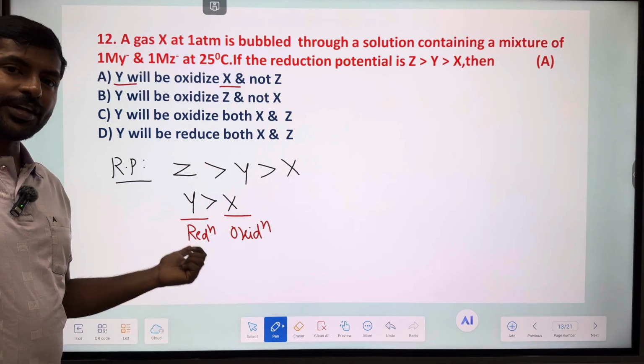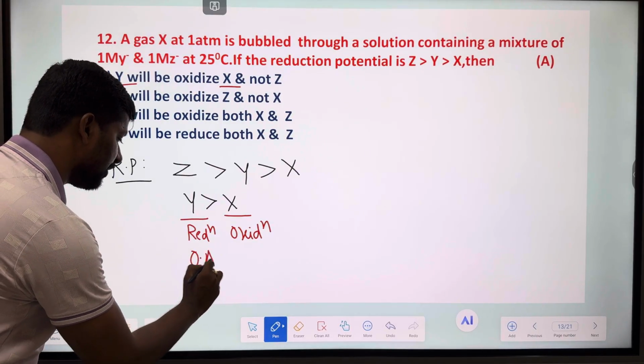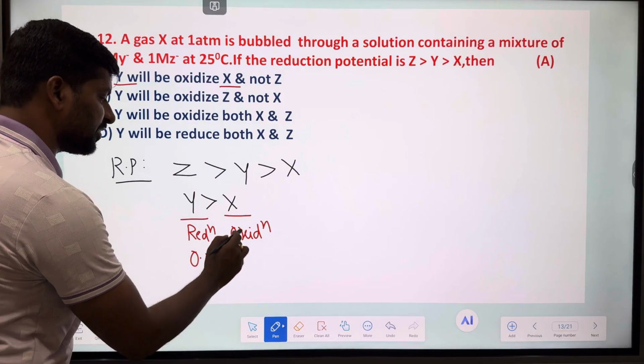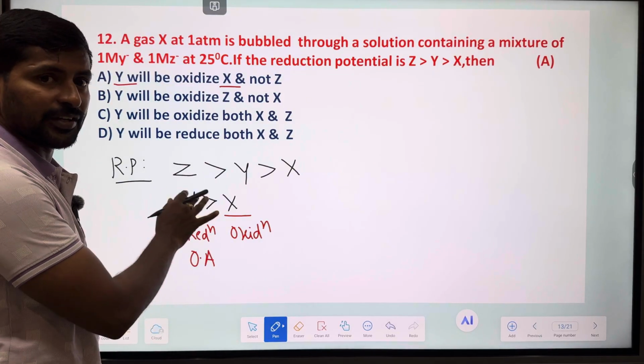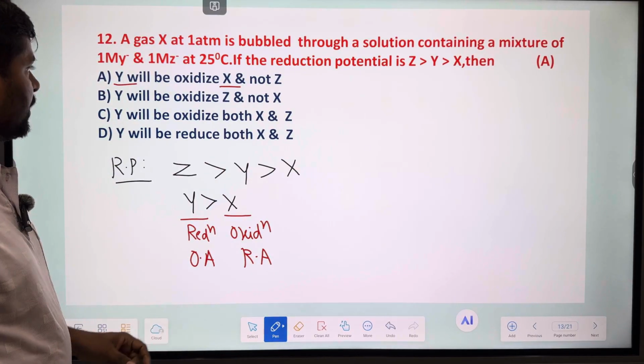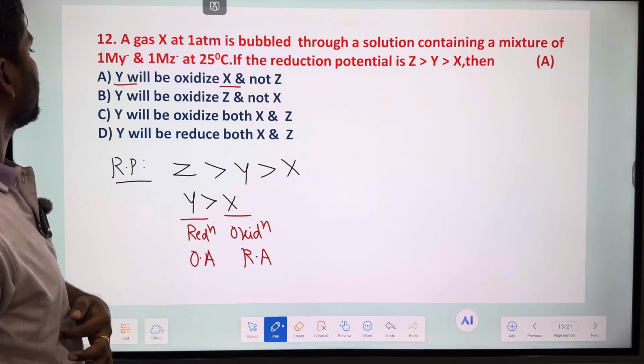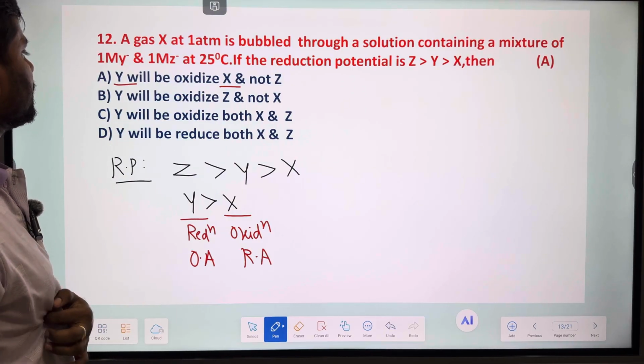Y undergoes reduction, so it acts as an oxidizing agent. X itself undergoes oxidation, meaning it reduces another substance, so it acts as a reducing agent. Now, what is the question? Y will oxidize X.